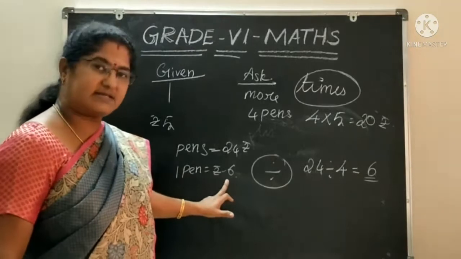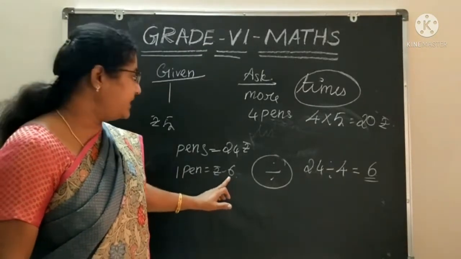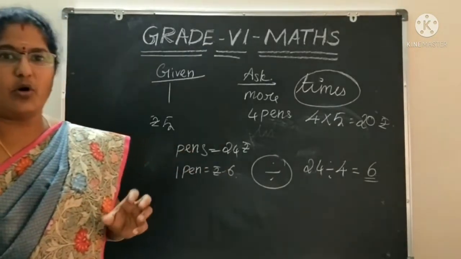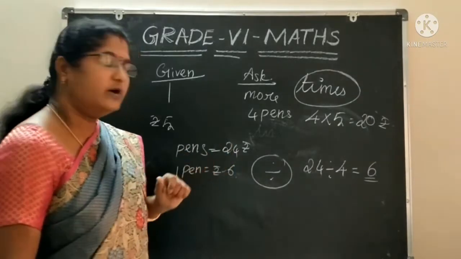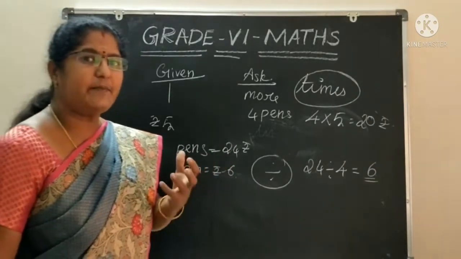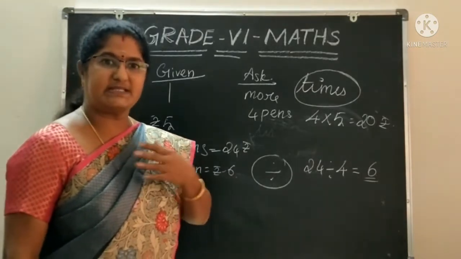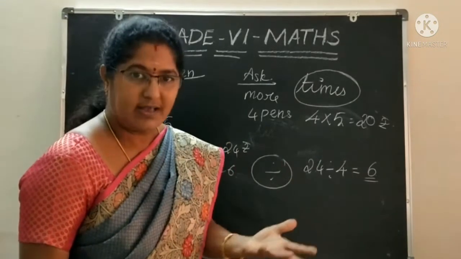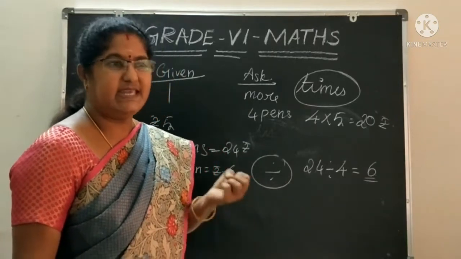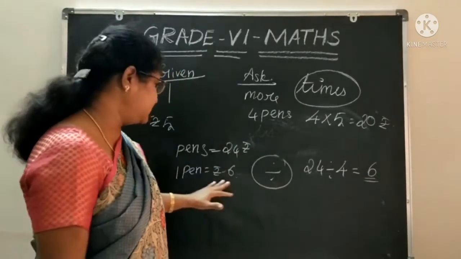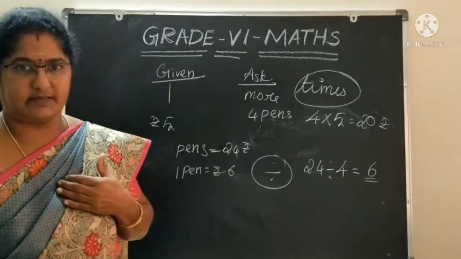Okay, each pen costs 6 rupees. I bought some pens for 24 rupees. How many pens did I buy? I have 24 rupees. Using the 24 rupees, I bought some number of pens. Each costs 6 rupees. How many pens did I get?